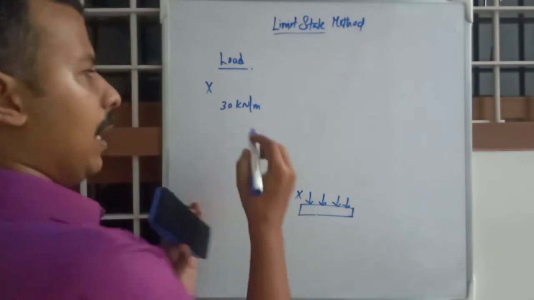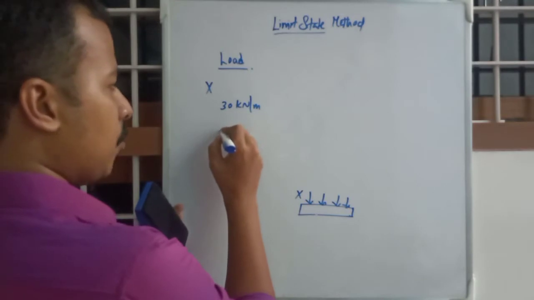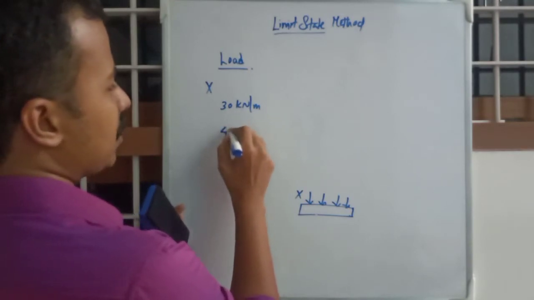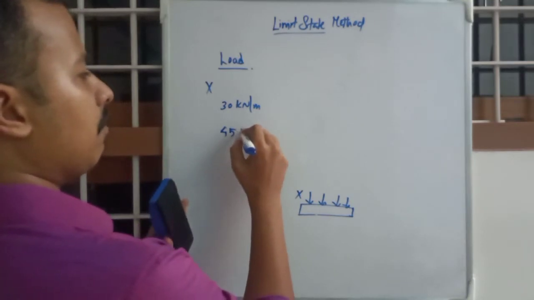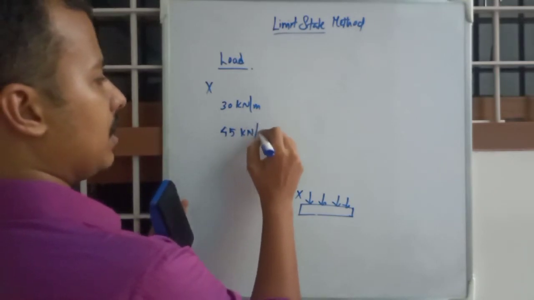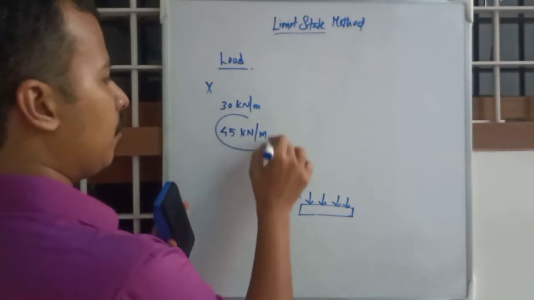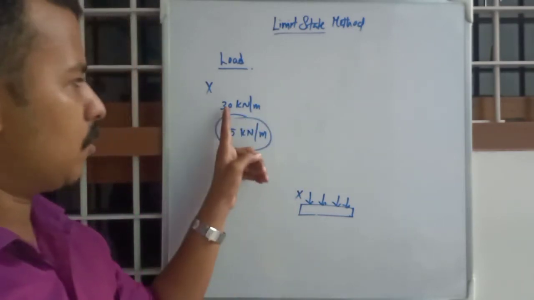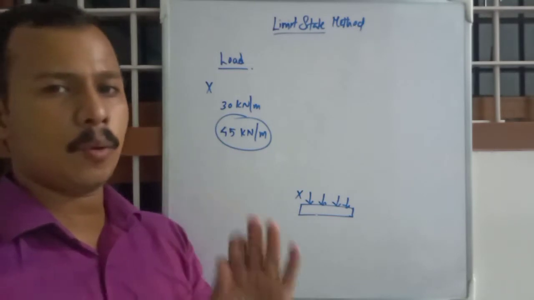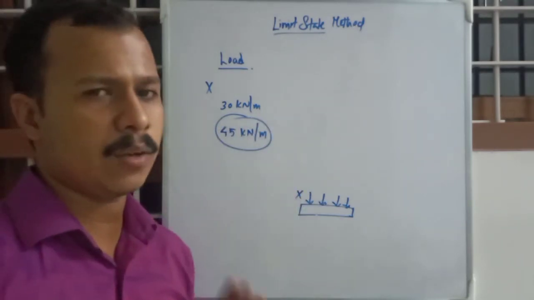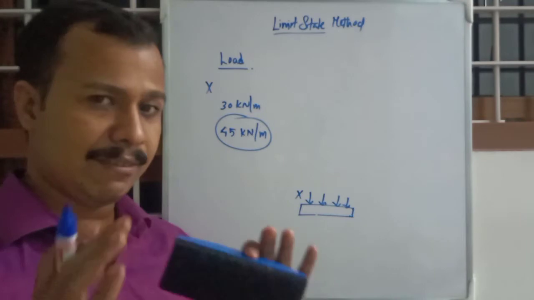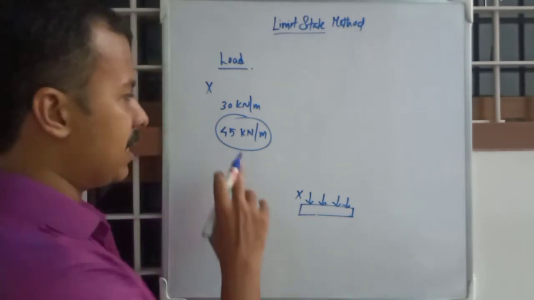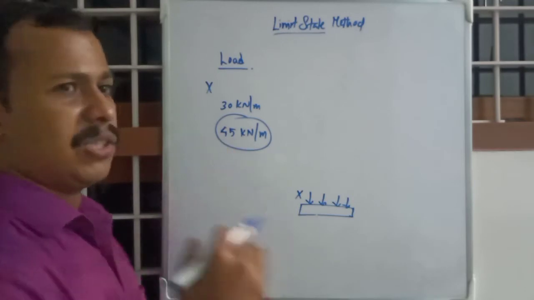We'll multiply it with some factor, and suppose we design the beam for 45 kilonewton per meter. We know there won't be any load above 30 kilonewton per meter, but for the sake of safety of this beam, we will design it for a much higher value.